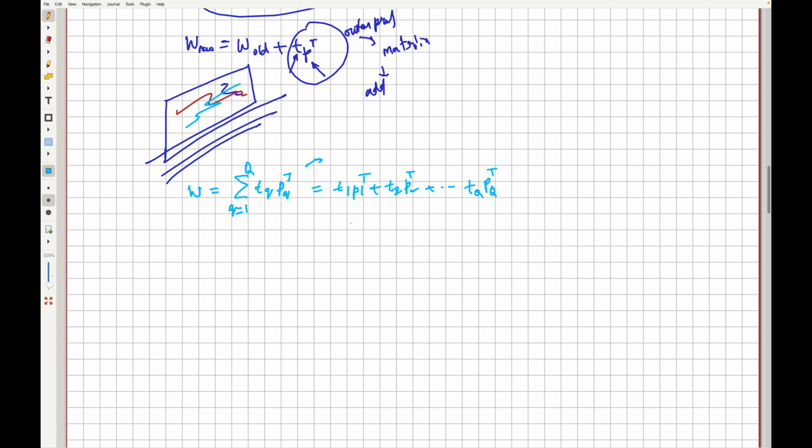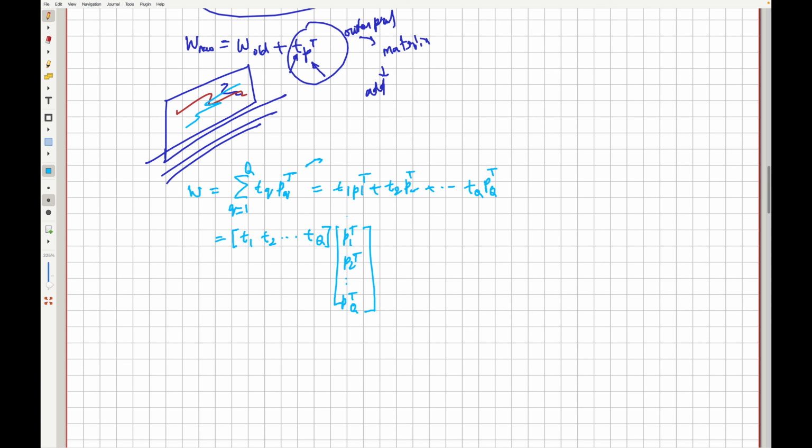And with this, we can also understand that the Tq and Pq transpose are vectors, and so those could be something like this: T1 T2 all the way up to TQ, and our input would be P1 transpose, P2 transpose, all the way up to PQ transpose.